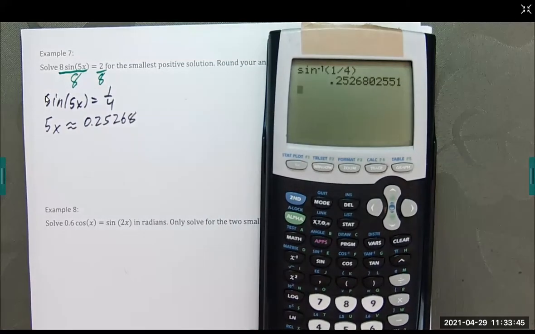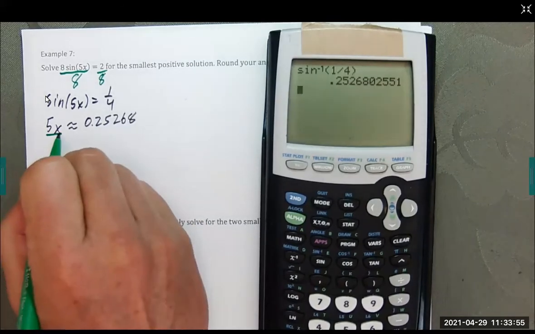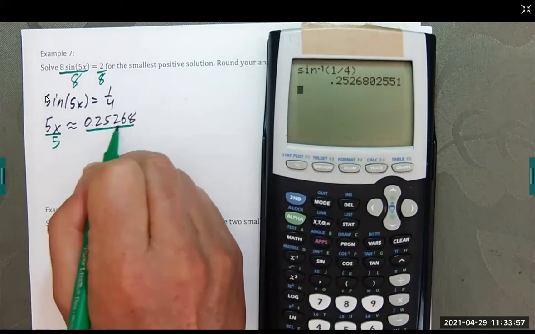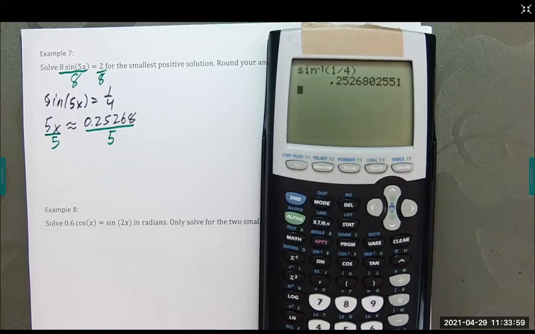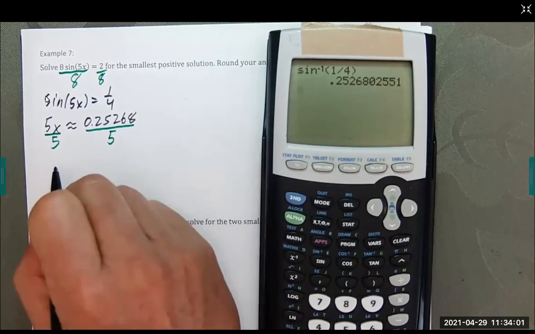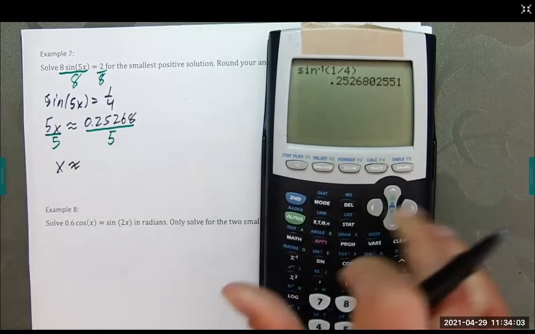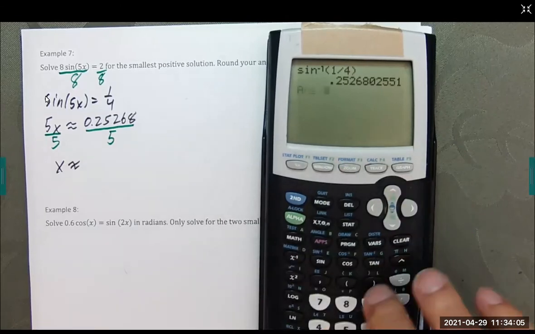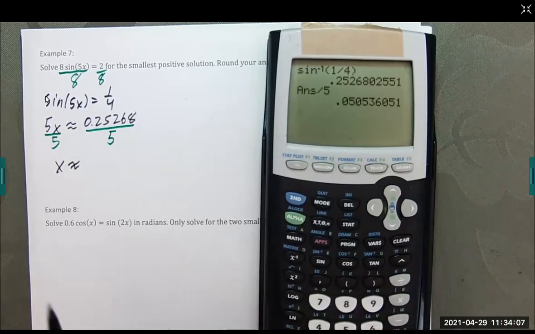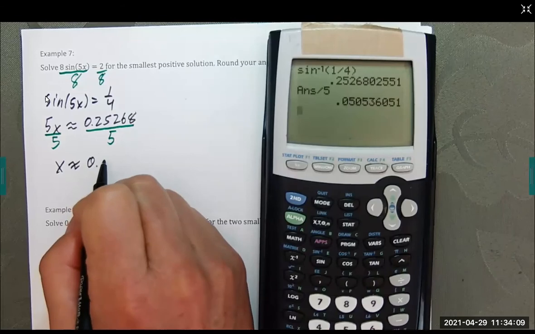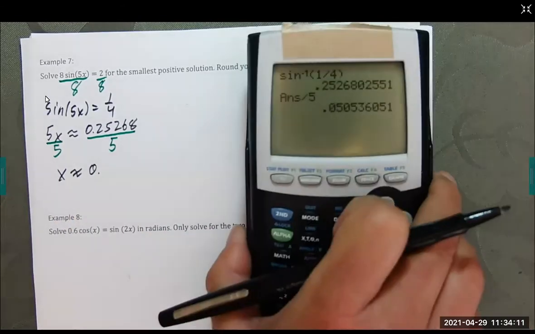Which of course, what I need to do is divide that now by 5, so I can get x by itself. Divide by 5. So now I'm going to take this and literally divide it by 5. It says round the answer to 2 decimal places, so I'm getting 0.05.